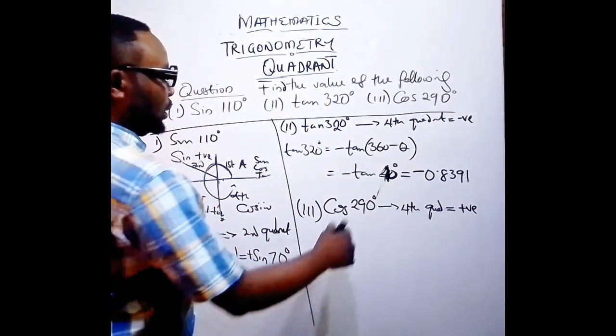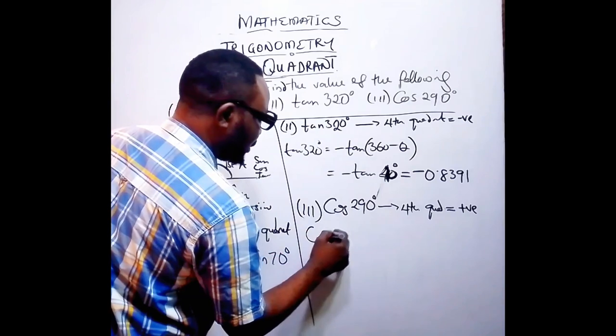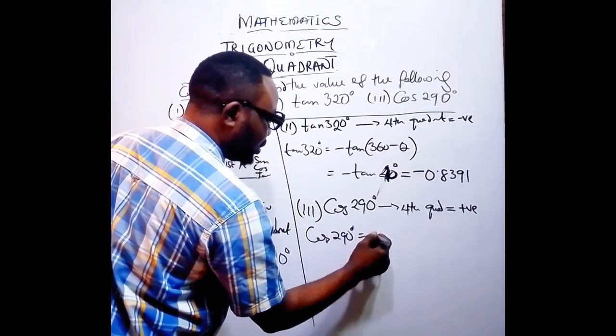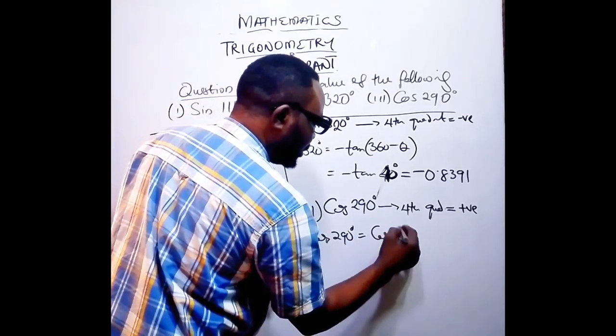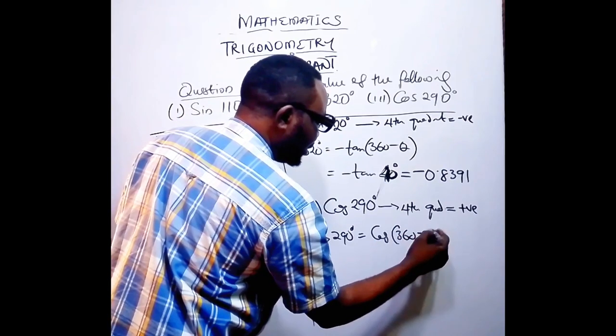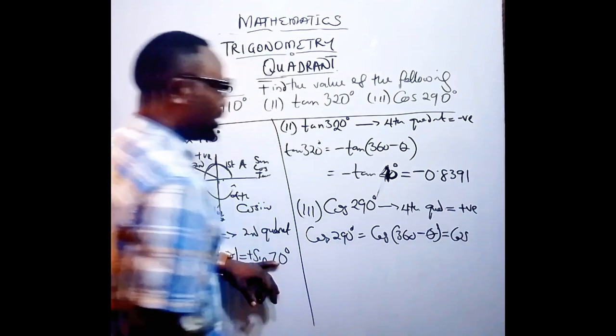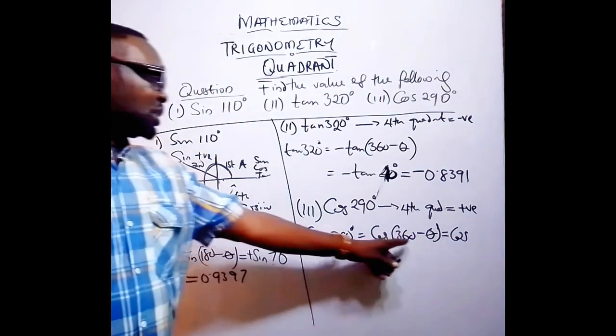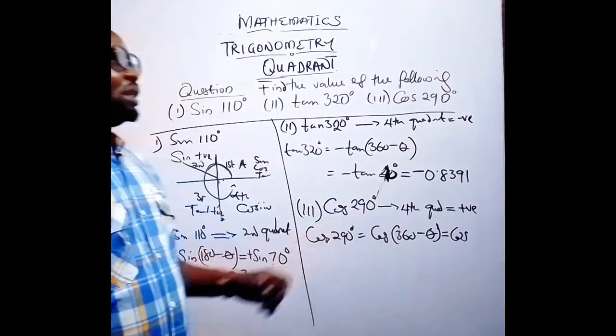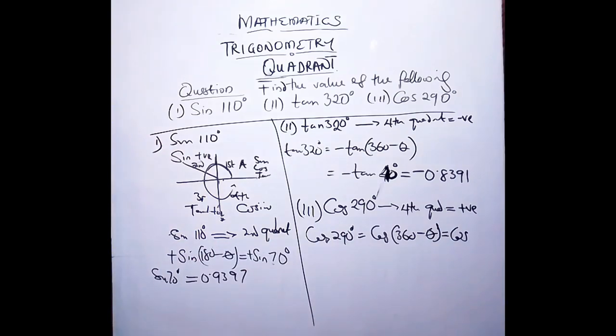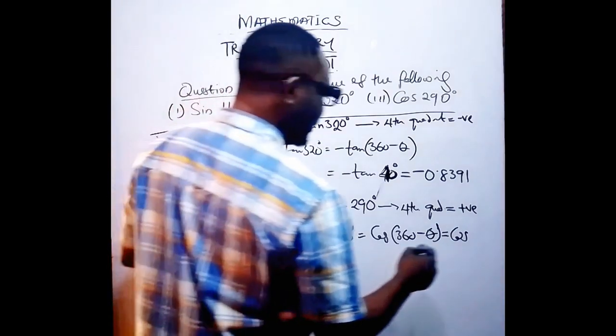Now, you can say that cos 290 degree is equal to cos of 360 minus theta, which is going to be equal to what? What is that value you are going to subtract from 360 to get 290? That is going to be equal to 70.